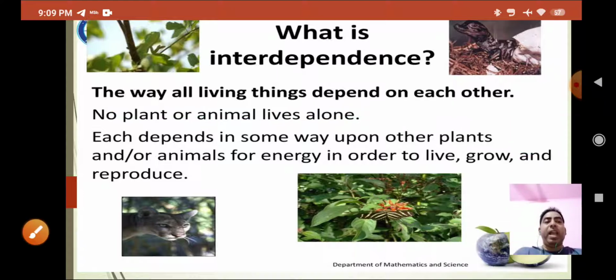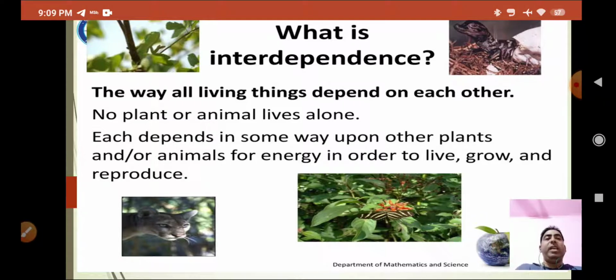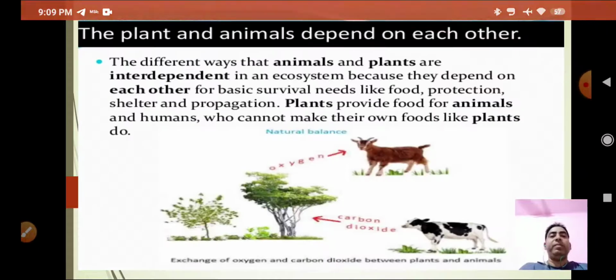No plant or animal lives alone. Each depends in some way upon others, plants or animals, for energy in order to live, grow and reproduce.